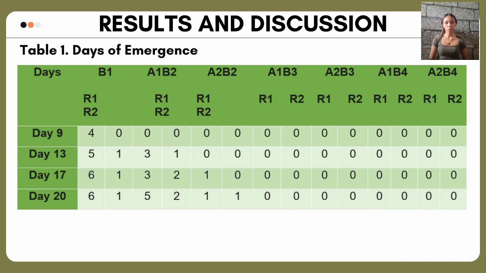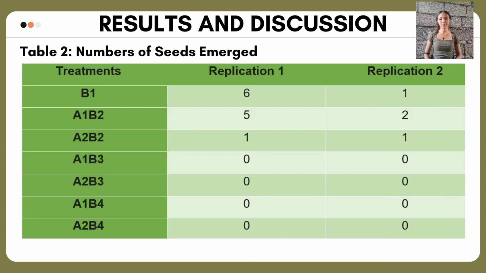In A1B2, there was no further emergence in replication 1, but replication 2 showed a slight increase to 1 out of 10. The A2B2, on the other hand, displayed no additional changes in replication 1, remaining at 1 out of 10, while replication 2 surprisingly had 1 seed emerge.